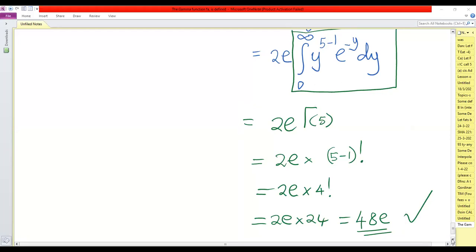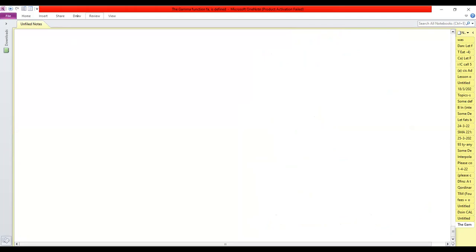So the first integral is the integral from 0 to infinity of y power 3 e raised power negative a half y squared dy. So that's the problem at hand. Now we start by fixing.